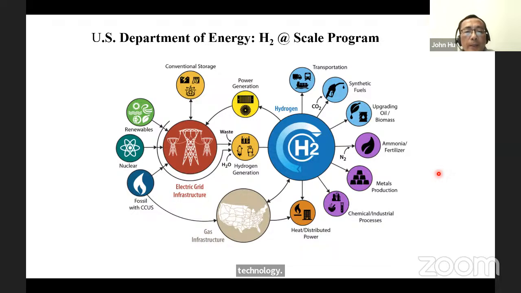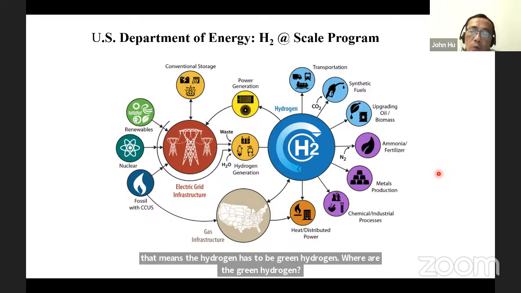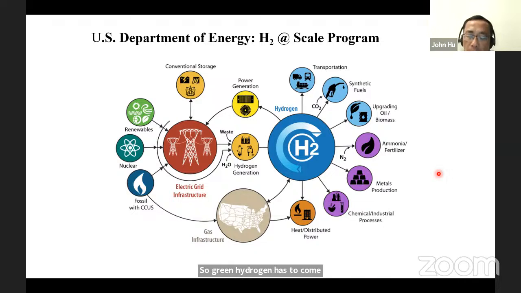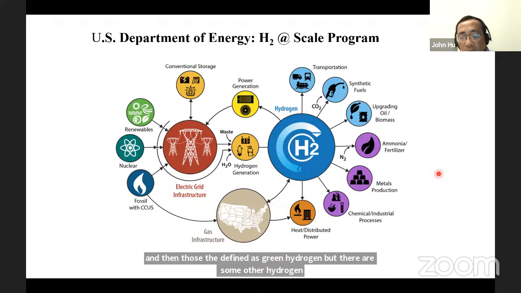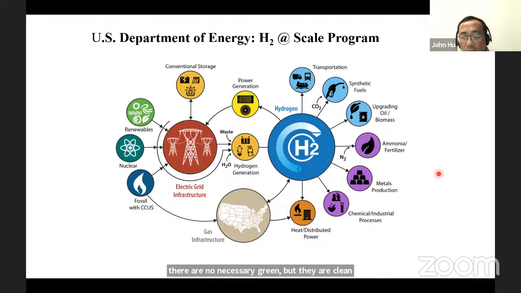Thank you. So basically, today we are talking about green ammonia. That means the hydrogen has to be green hydrogen. Where does green hydrogen come from? Green hydrogen has to come from renewable power or biomass, and that is defined as green hydrogen. But there are some other hydrogens. They are not necessarily green, but they are clean. For example, blue hydrogen, you can turn methane into hydrogen, but you have to sequester CO2.